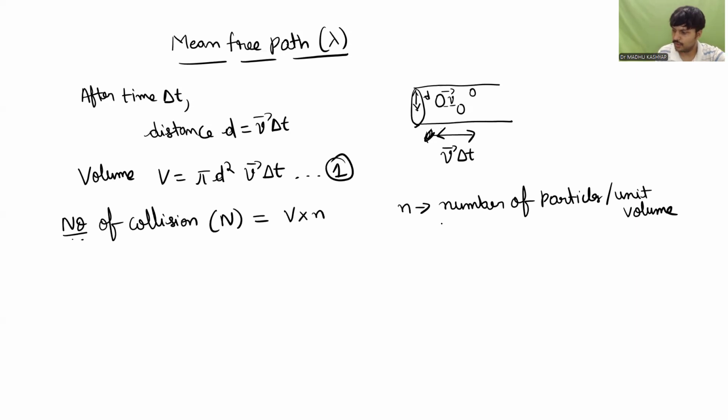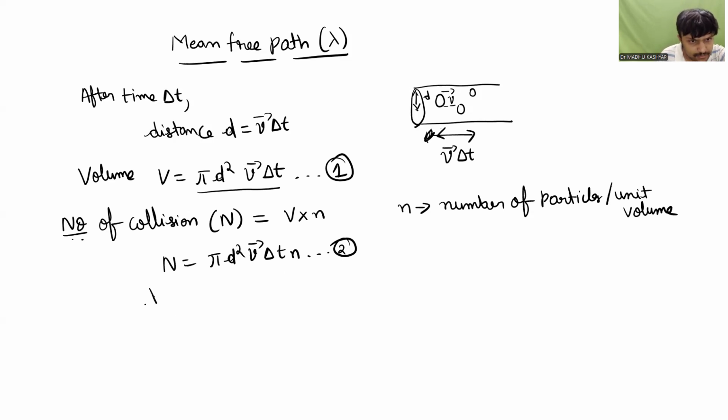So capital N will be equal to, in place of V, pi d squared velocity times delta t into n. Let us call this equation 2.